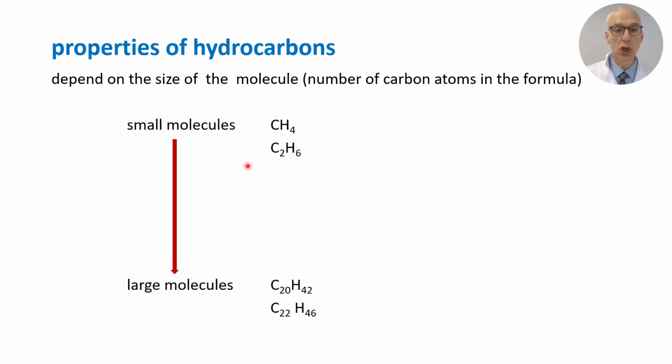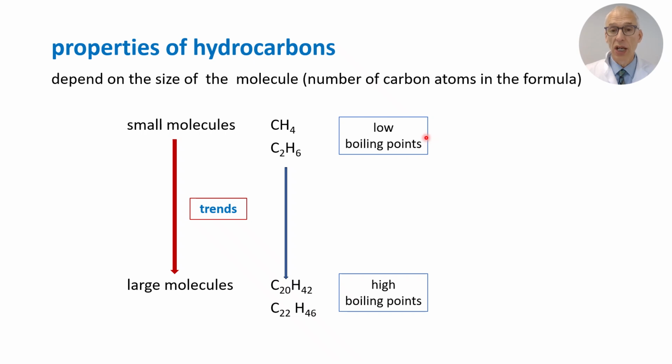So let's just look at some examples of small molecules, CH4, C2H6, methane, ethane, and then larger molecules, C20H42 and C22H46. These, of course, are all alkanes. So we've got to consider the trends that exist between the properties of small molecules and large molecules. So that's the key idea.